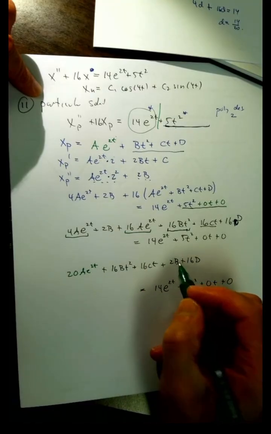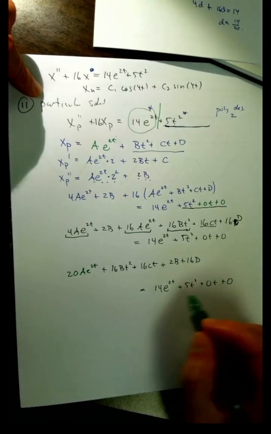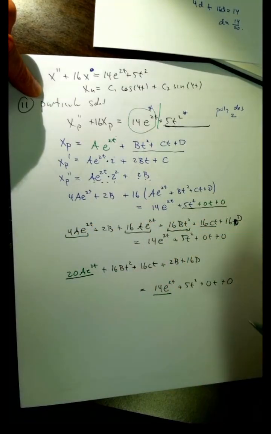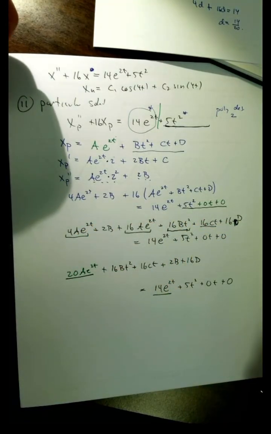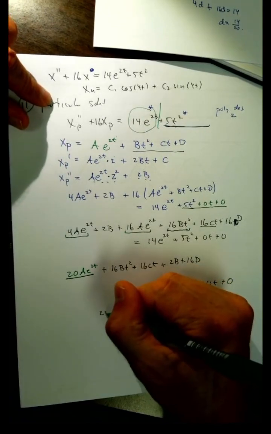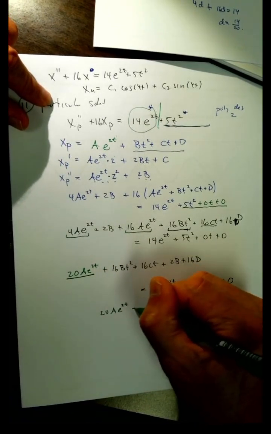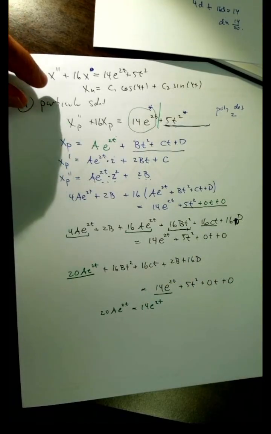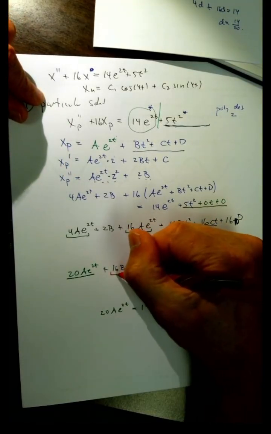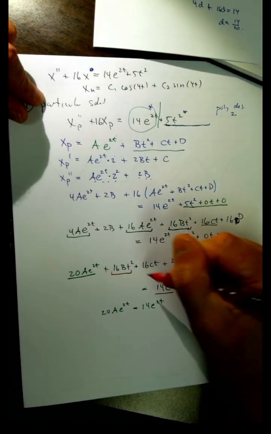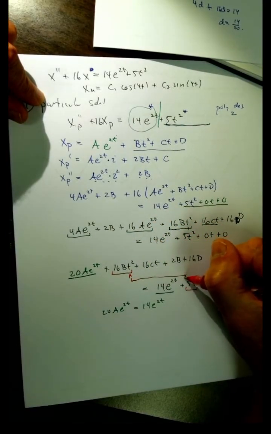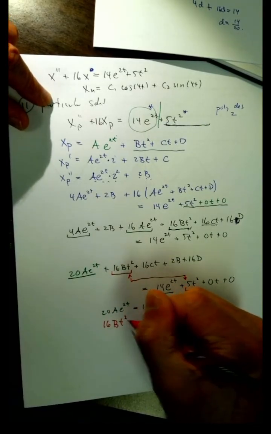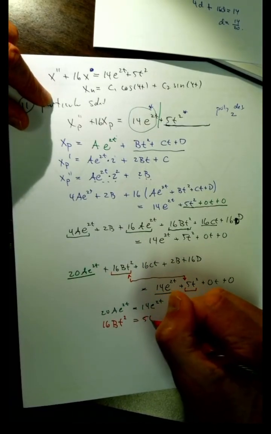If the function on the left is equal to the function on the right for all t, then the exponential terms have to match up and be the same. Right? So that means that 20a e to the 2t has to be 14 e to the 2t. Likewise, the t squared terms have to match and be the same, which means that 16b t squared equals 5t squared.